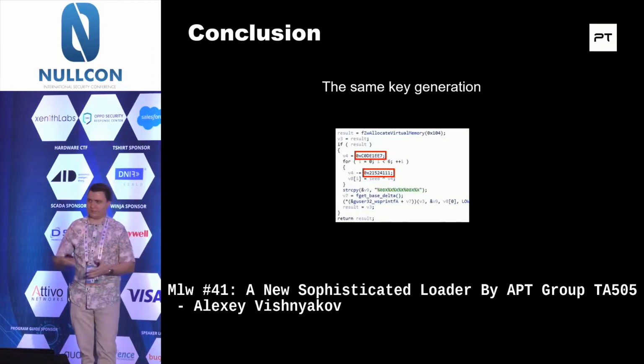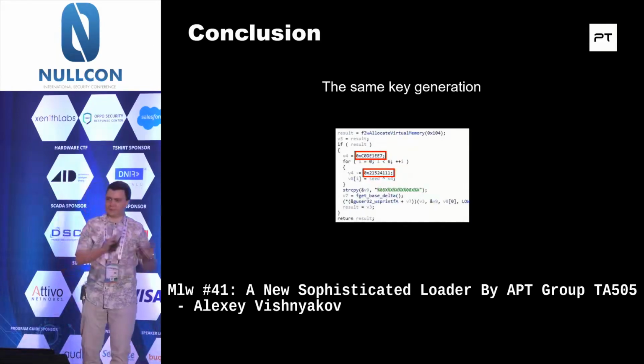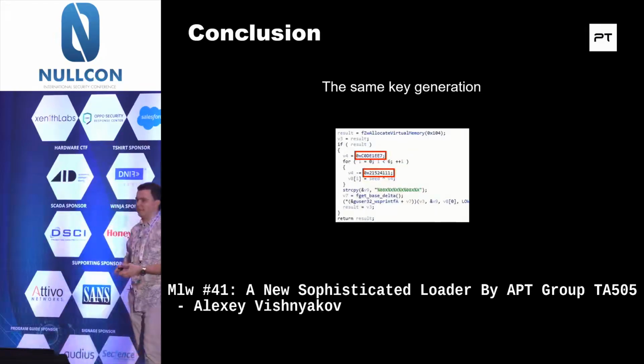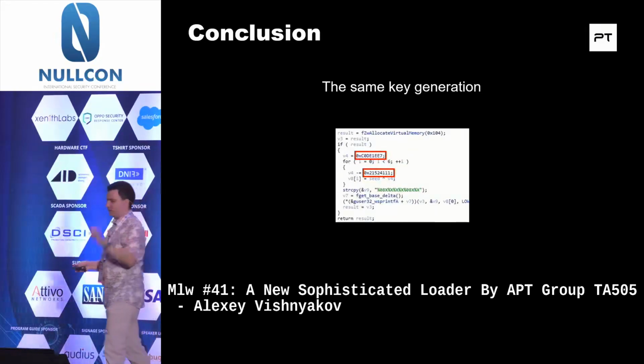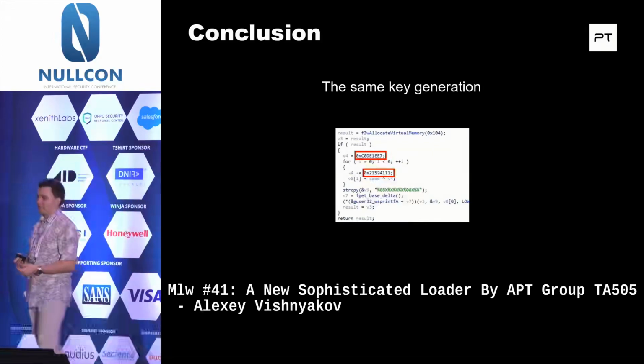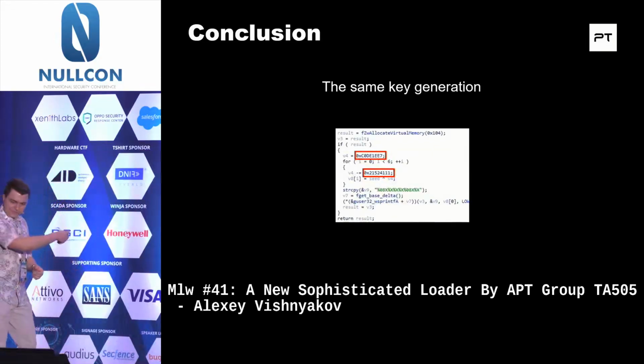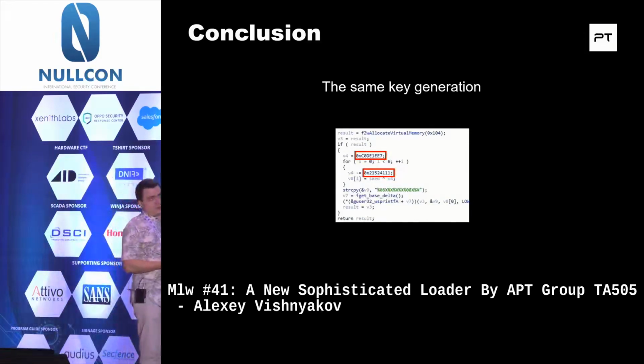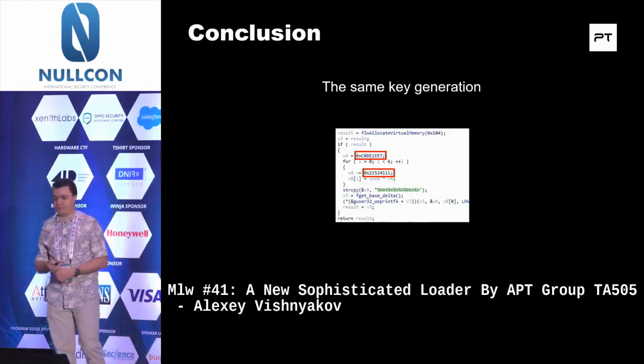I have not described it, but it's about login and login encryption. The algorithm is absolutely the same, the same values, the same formatting string for future printing. So it seems that we have some kind of reborn, a new version of the Snatch loader Trojan.